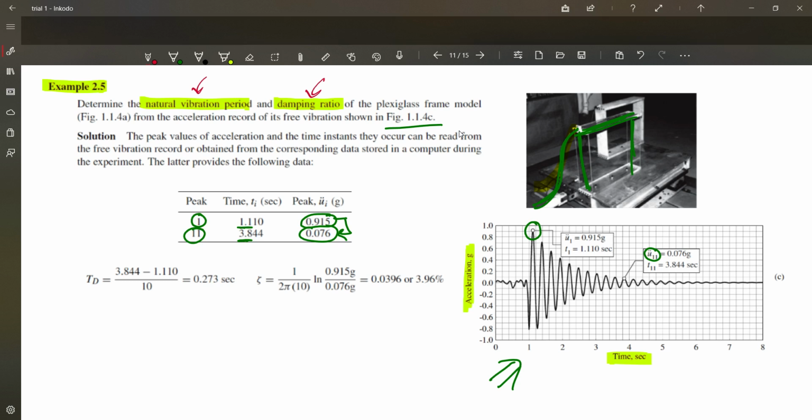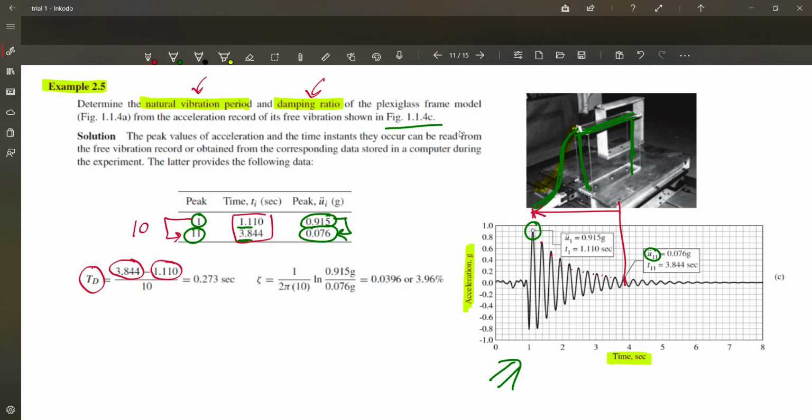Now we have TD, we can obtain it easily, right? Because the difference between peaks 1 and 11 is 10 cycles, and their times are 3.844 and 1.1. So we subtract 1.1 from 3.844, and this is exactly the difference in time.